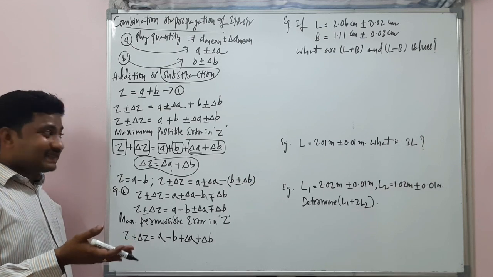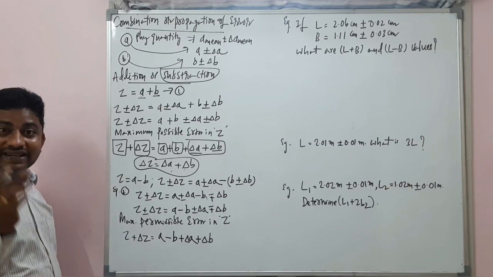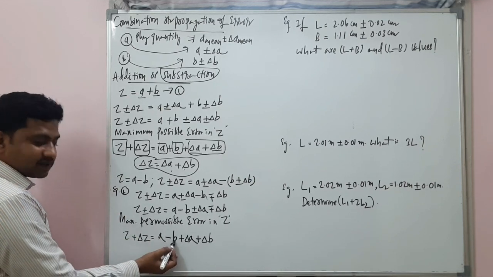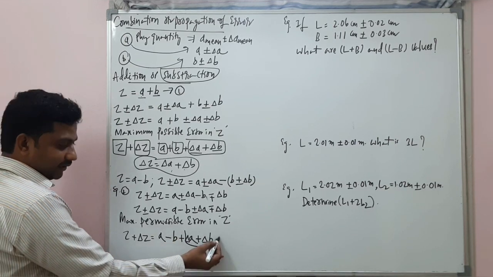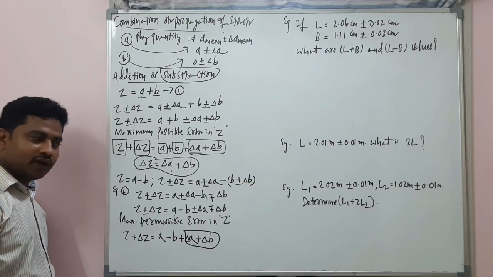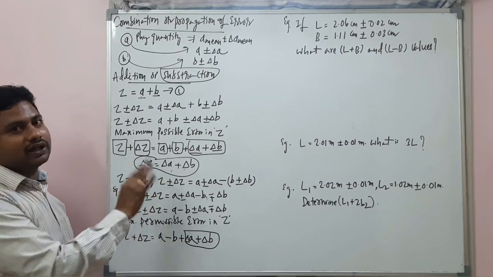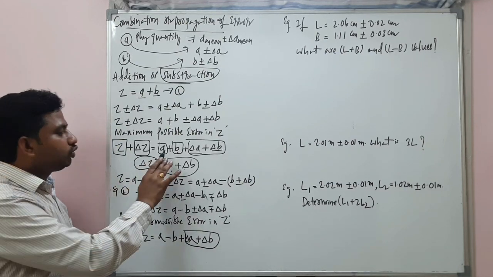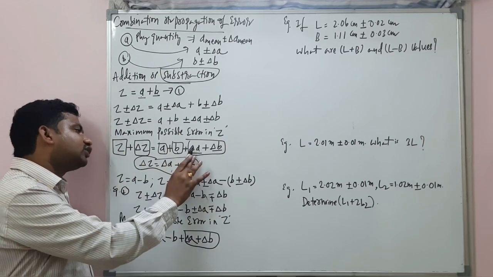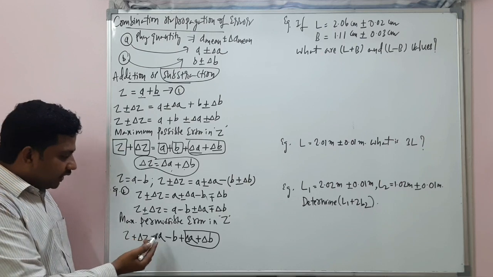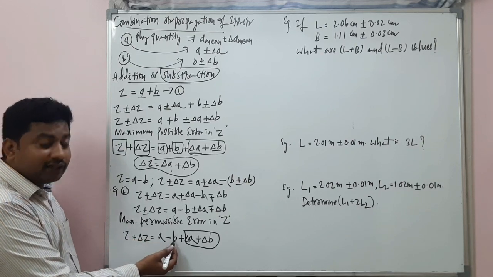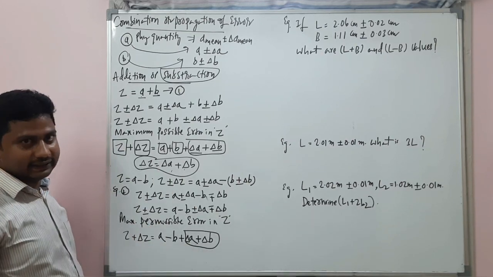So now here also the same thing. When we are subtracting two physical quantities, their true values need to be subtracted directly and errors need to be added. That is the important thing. When we are adding two physical quantities, their true values need to be added directly and errors also need to be added. When we are subtracting, their true values need to be subtracted but errors need to be added.